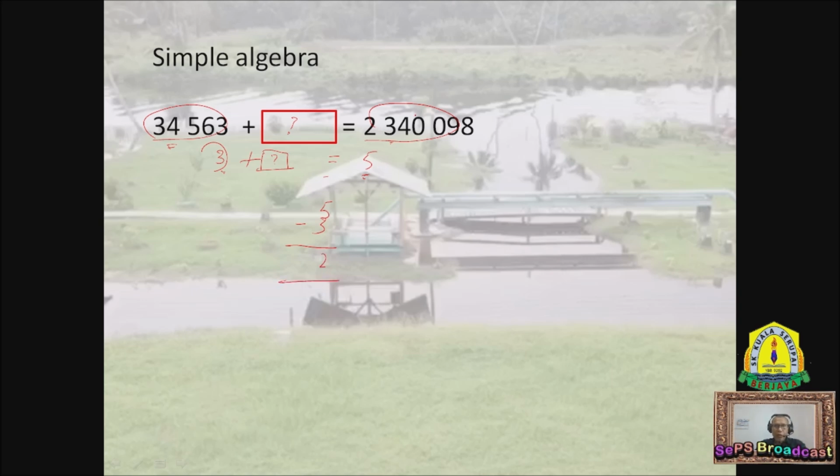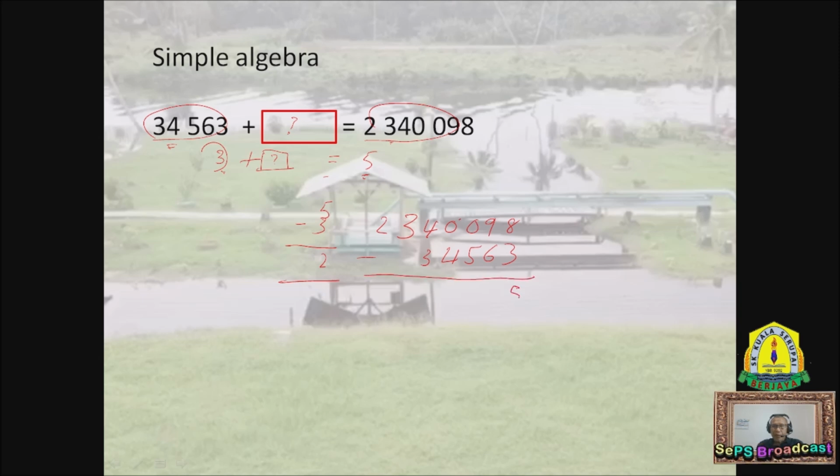So this is very simple. What you do is calculate in standard form. Always start from 1 so that you don't jumble up your place value. And then you just subtract.